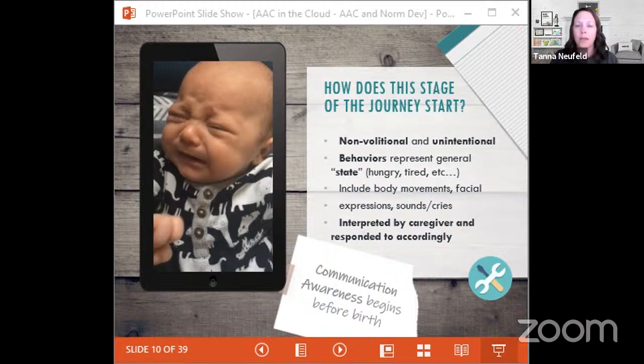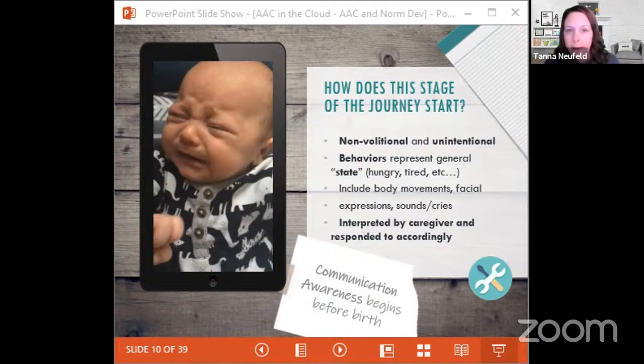Something's wrong. You're hungry. Okay, let's feed you. And then we're going to move through and honor that communication, knowing that it's not yet intentional, right? So keep that in your mind, because it's a very important concept when we think about what we're looking for in assessment for complex communicators who might be at this stage, and in turn, what we would develop as intervention goals for a communicator at this stage.